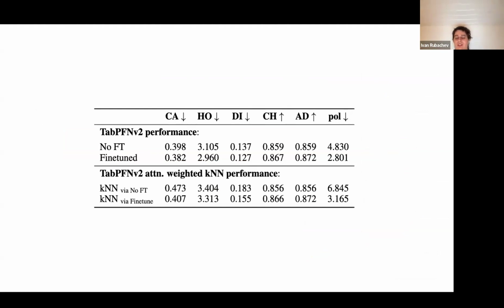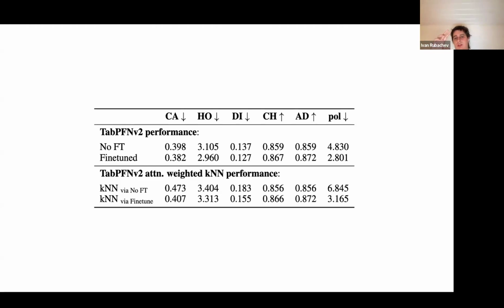We just tried to look at this a bit more closely. So what we did, we took the attention scores from the last layer of the TabPFN model, which has tokens for each feature and also has a special token for the targets that are encoded from the training set.